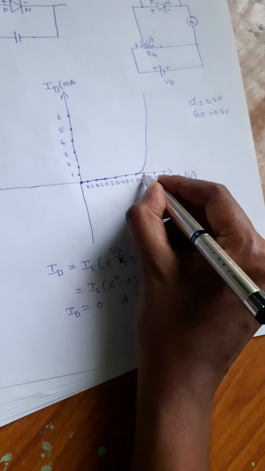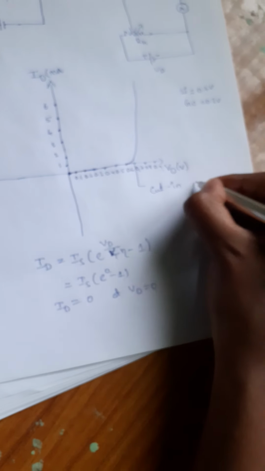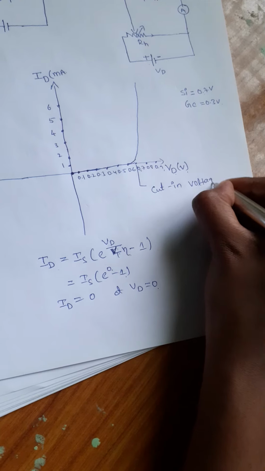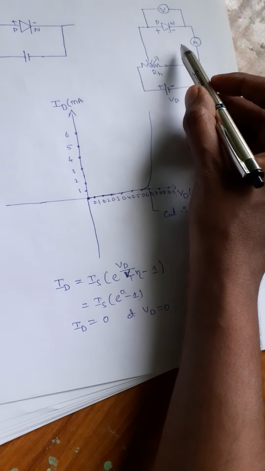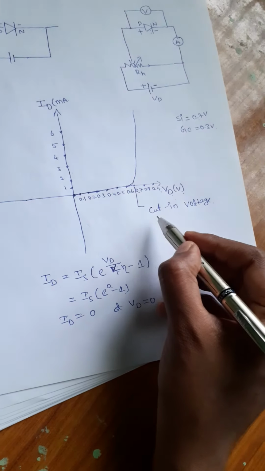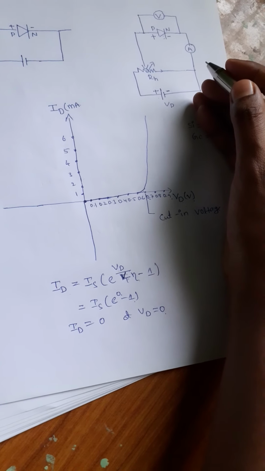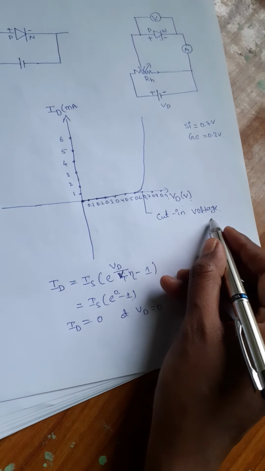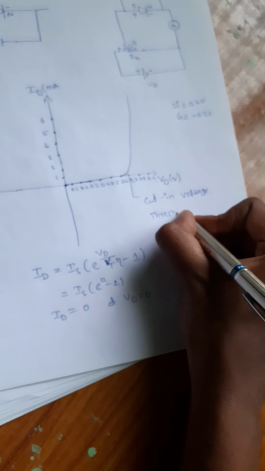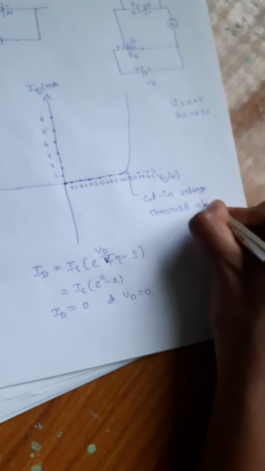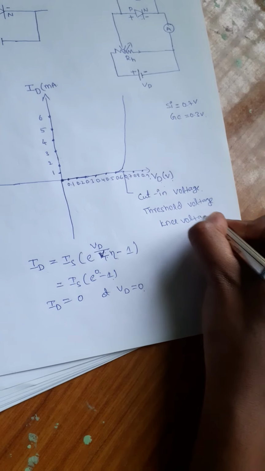This voltage we call the cut-in voltage, the voltage at which the PN junction diode starts to conduct. After this voltage only, the diode will conduct. We also call it the threshold voltage, or the knee voltage, because the curve looks like a human knee.